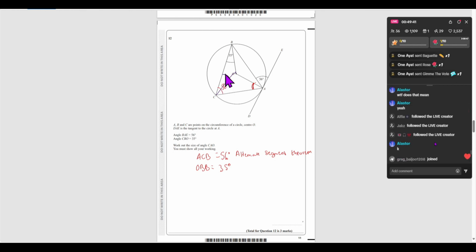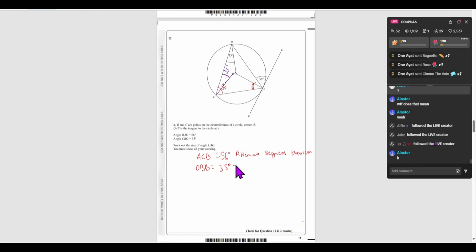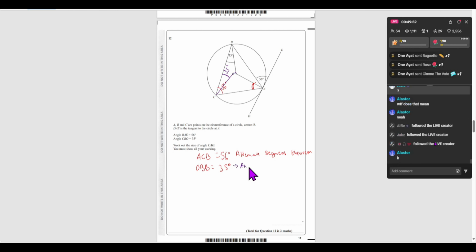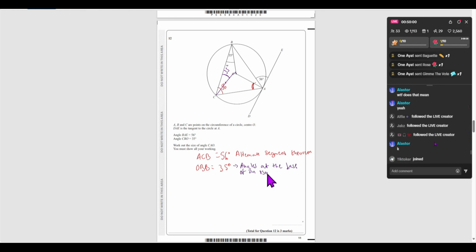And this angle right here will be equal to 35 degrees because this is an isosceles triangle. Angles at the base of an isosceles triangle are equal.